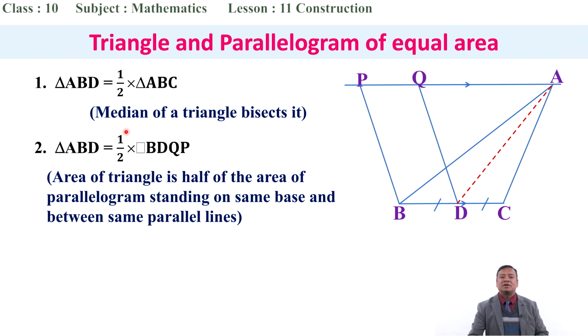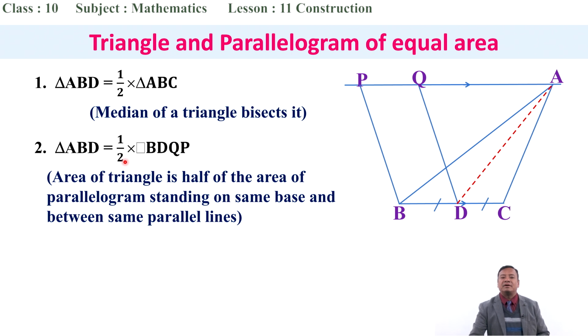So from these two conditions, look carefully here, ABD is half of triangle ABC. Again the same triangle ABD is half of parallelogram BDQP. So from these two conditions we can say half of triangle ABC is equal to half of parallelogram.